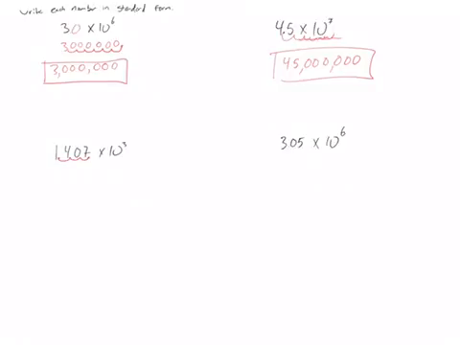So this written in standard form is going to be 1,407. And then with this one, we move it 6 places to the right: 1, 2, 3, 4, 5, 6. So it's going to be 4 zeros, so 1, 2, 3, 4, 5, 0, 3.